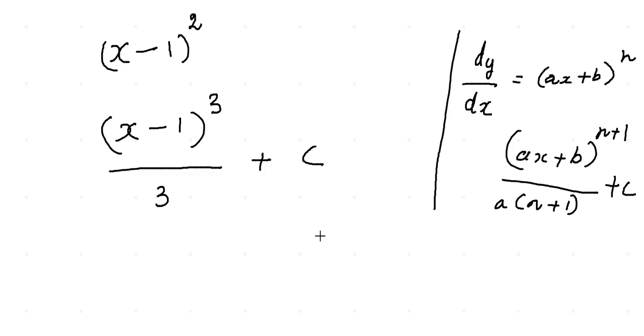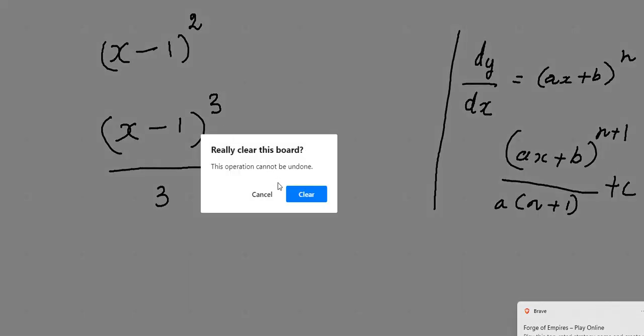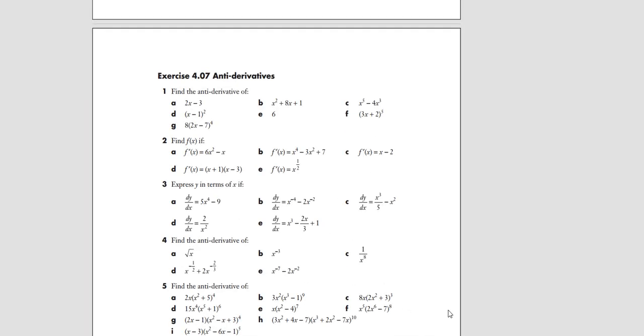Okay, so now let's clear the screen, and let me go back to the book. Now let me try to solve one more problem, and I'm just going to solve this problem of E. This is 6.